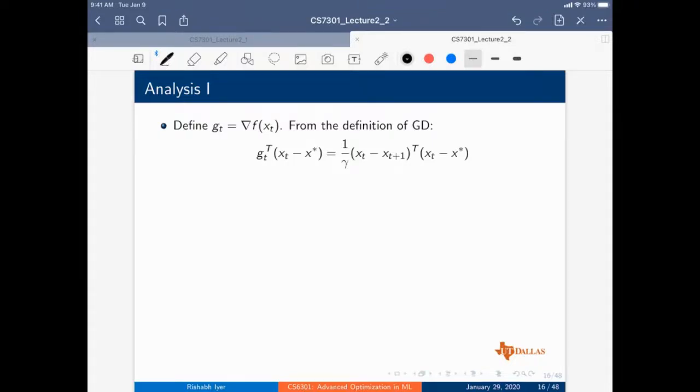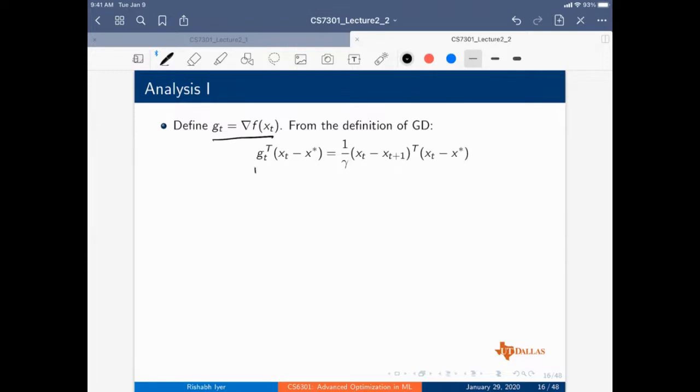I will carefully go over the first result, which is the result for Lipschitz continuity, and build through the proof in the next few slides. Then I'll skim through the rest of the results quickly. Okay. So define g_t to be the gradient of f at x_t.